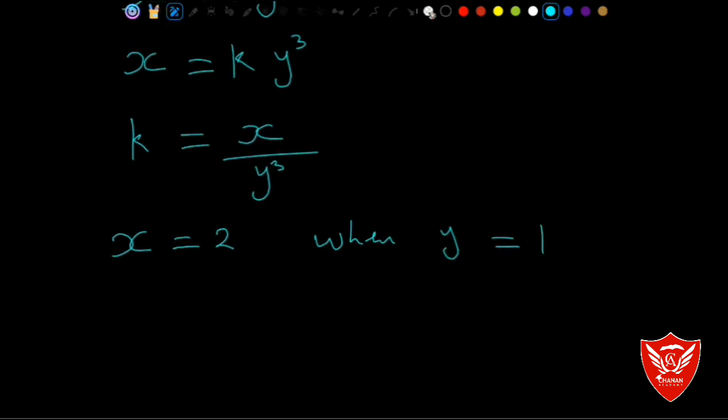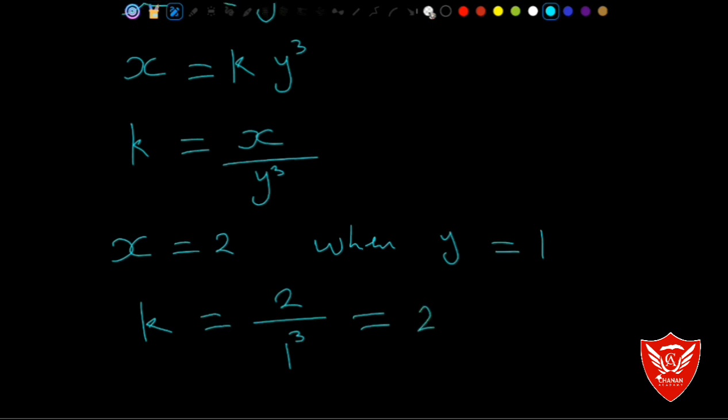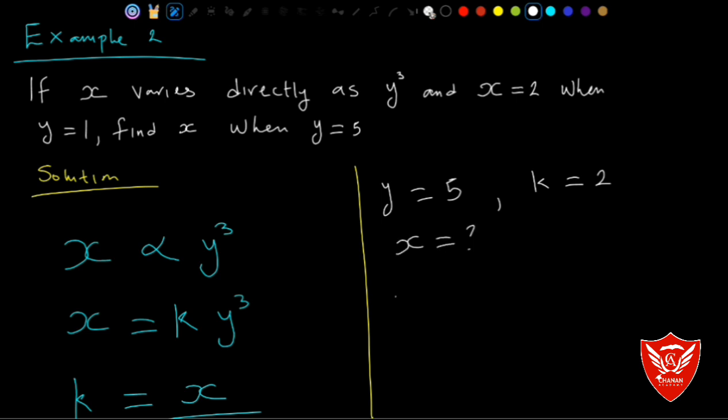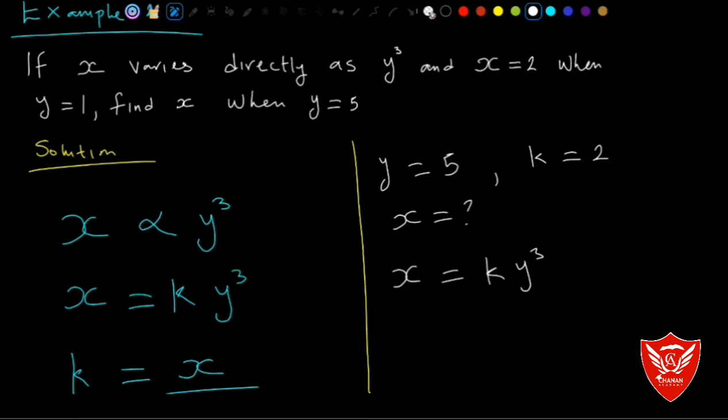Now we are told that x is equal to 2 when y is equal to 1. So let's look for the constant. The constant k will be equal to 2 over y cubed. Now 1 cubed is still 1, so we have k equal to 2. Alright, now the question is asking us to find x when y is 5. So we have x equal to k y cubed.